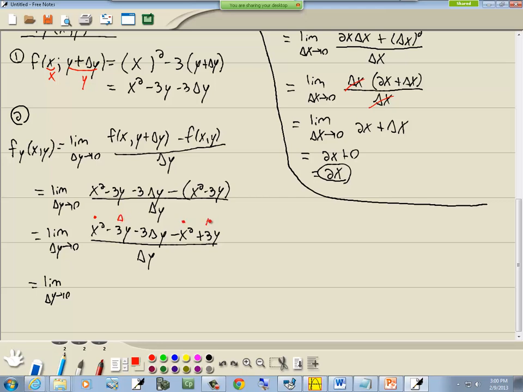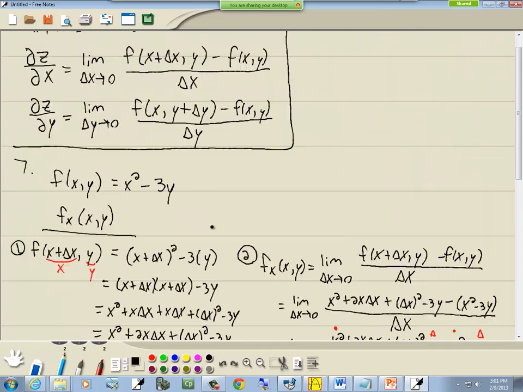Negative 3y plus 3y drops away. And we're left with negative 3 delta y over delta y. Well, the delta y's will cancel, and we've got the limit as delta y goes to 0 of negative 3. And there's no delta y to plug anything into, so our answer is just negative 3.